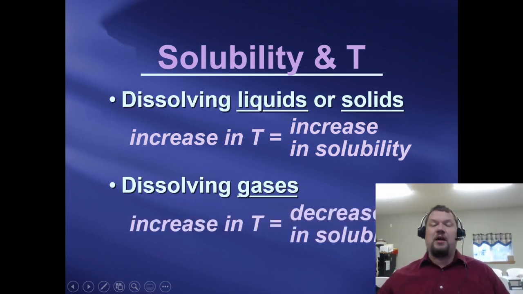It goes flat because in the case of gases which are dissolved, there's actually a decrease in solubility whenever there's an increase in temperature. If I increase the temperature to the point where I've dissolved certain things in it, the dissolvee is going to escape from the solution.